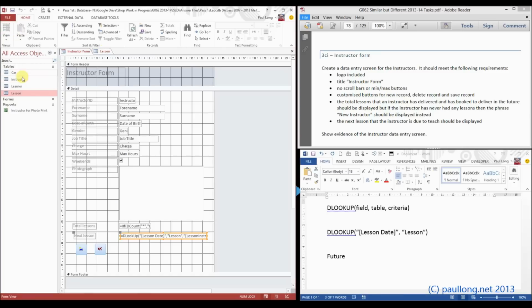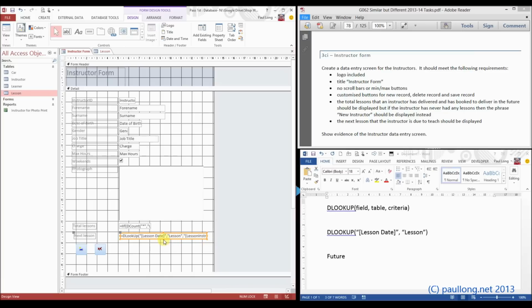So what we're going to do now is change our criteria so that we include lessons in the future. So I'm going to put here AND, okay, and we're going to say that the lesson date must be after today's date, and we do that by Date bracket bracket.